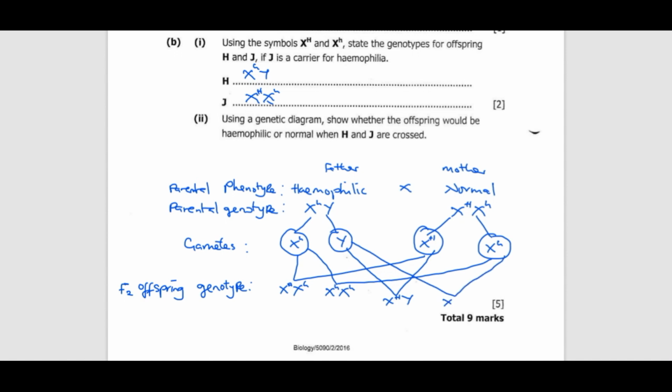We have a male who is hemophilic. So let us write F2 offspring phenotype.